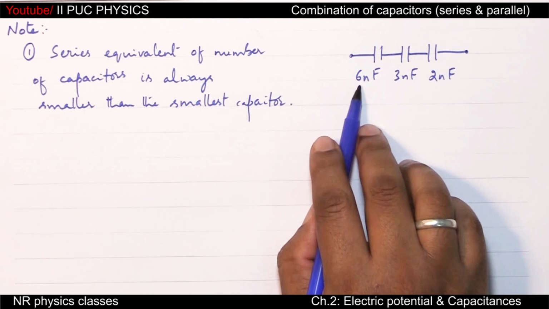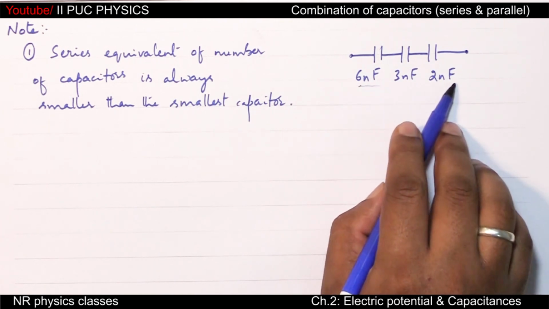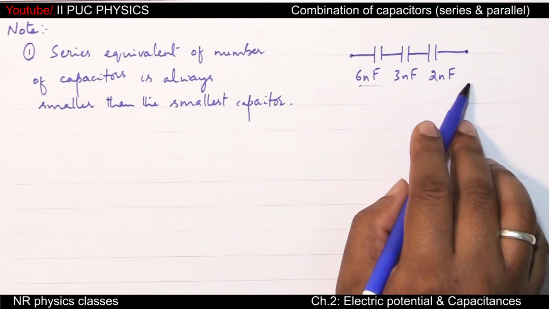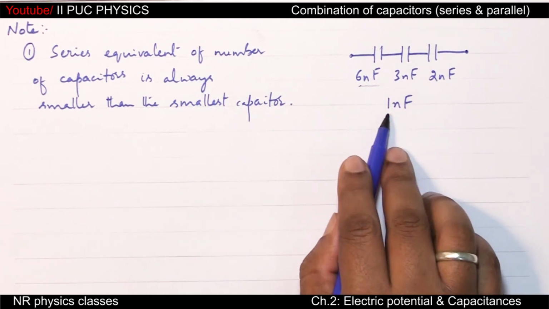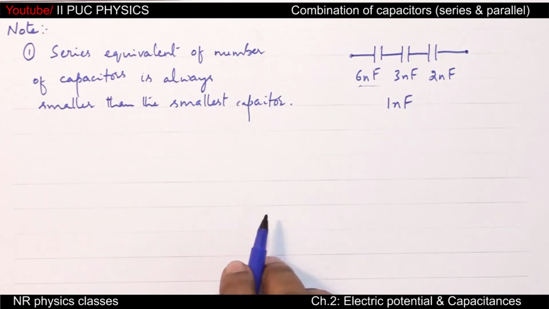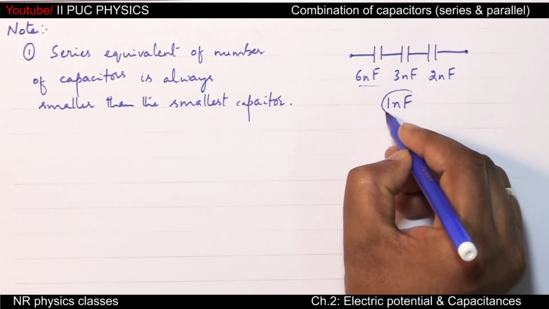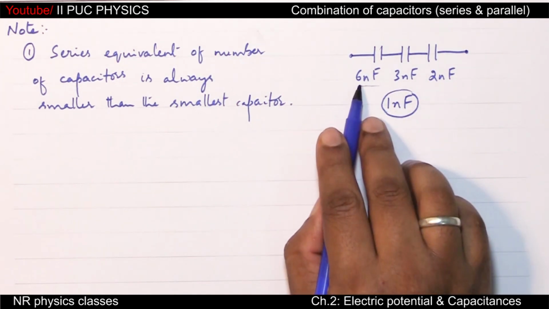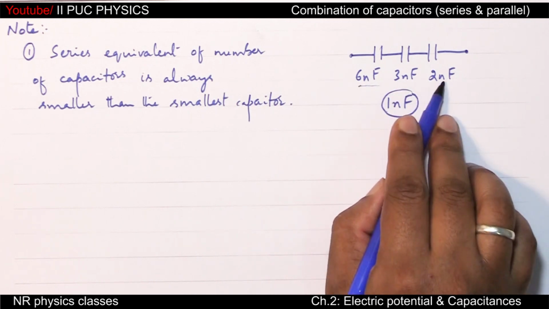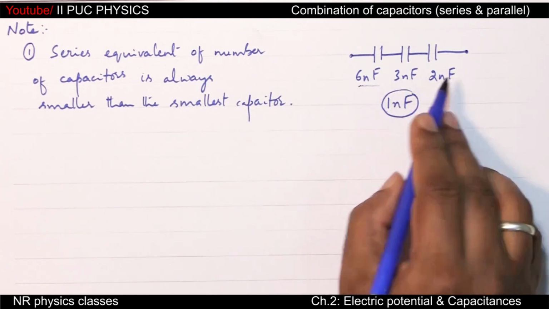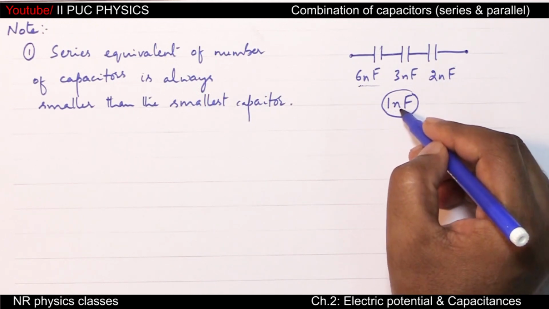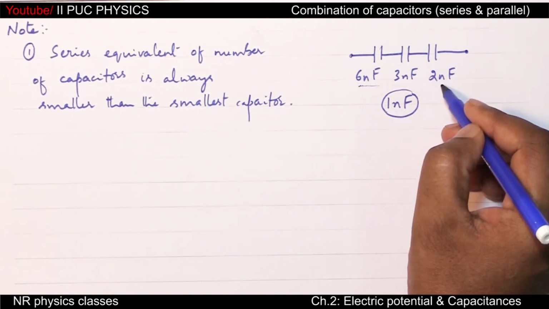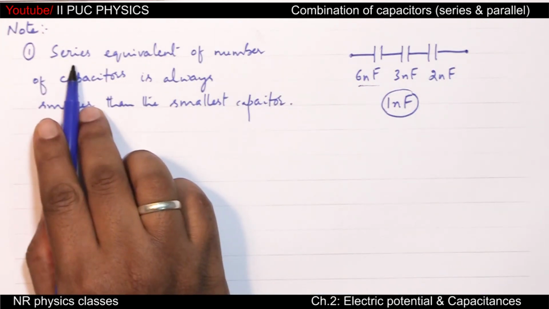If you find the series equivalent of these three capacitors, it turns out to be 1 nanofarad. You will understand how we got 1 nanofarad. And observe, this 1 nanofarad is smaller than the smallest of these three values. So among these three, 2 nanofarad is the least. And even this is smaller than the smallest. That is the meaning of this first note.